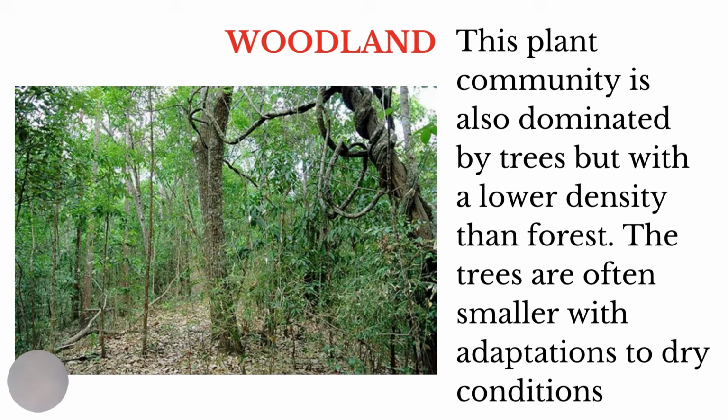Then we have our woodland. Woodland is also dominated by trees, but if you notice, they are more sparse in nature. As I said to you, they usually develop in areas where moisture is low. So they are xerophytic plants. They have to develop adaptations to dry conditions.